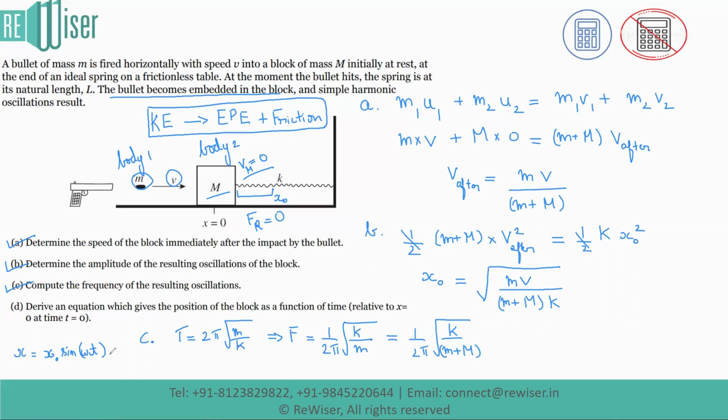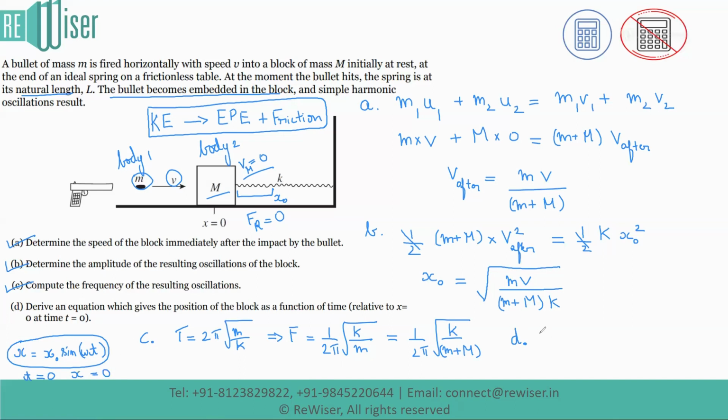Making the substitutions, I can write the equation for part D. And the phase difference is 0. The reason I know phase difference is 0 is because they say that it is originally at its natural length, which means there is no phase difference. Simple reason: at time t equal to 0, I'm going to have my x value also to be 0, which is an indication that there is no phase difference.